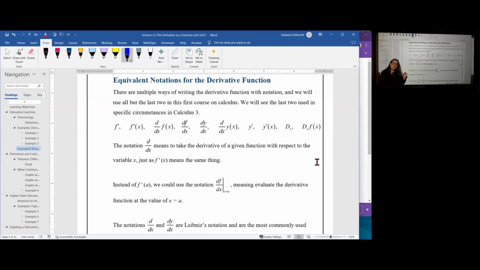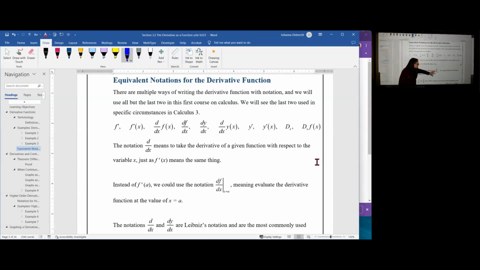If I want to know the derivative at a particular value, say 5, I could indicate that with f prime of 5 by putting the 5 in parentheses. It doesn't mean multiply the derivative by 5. It means find the derivative at x equals 5.